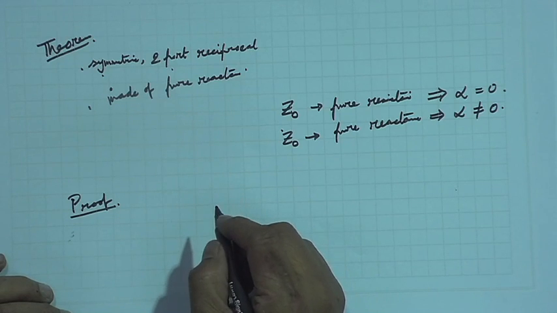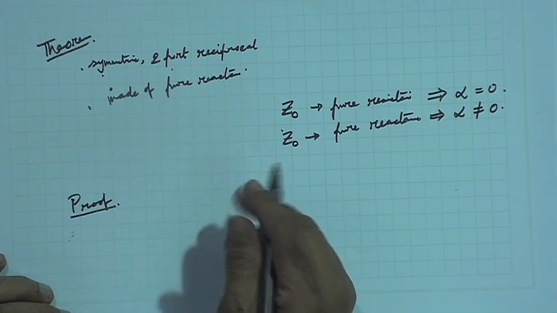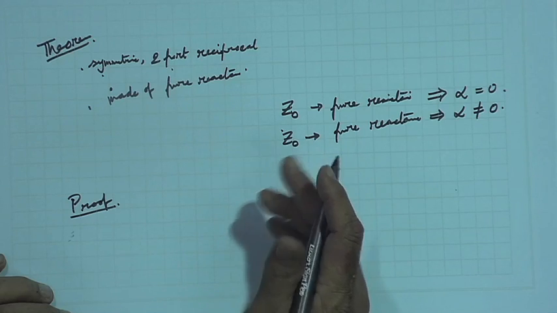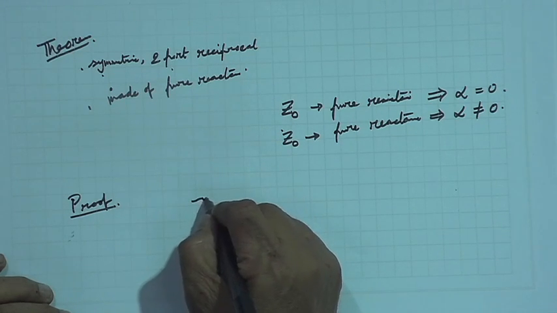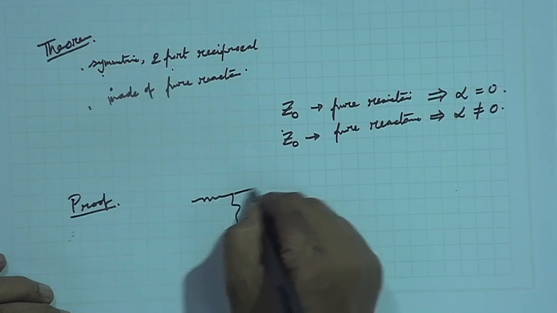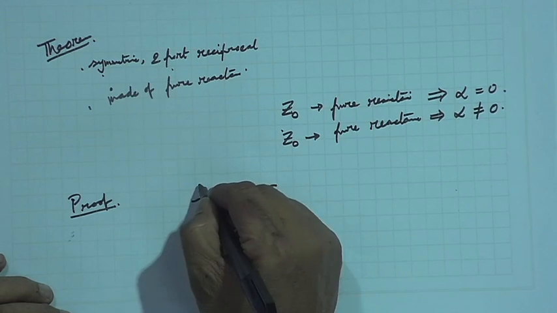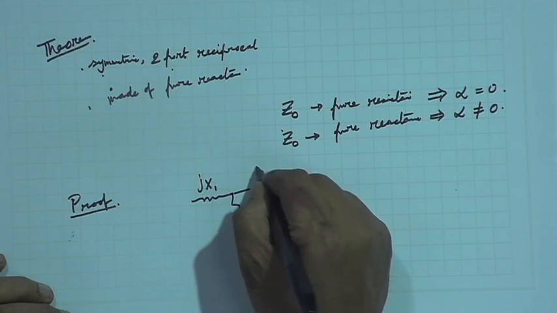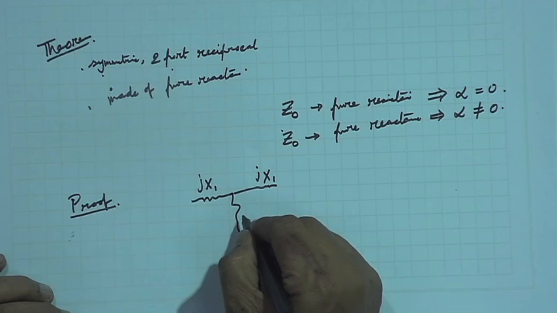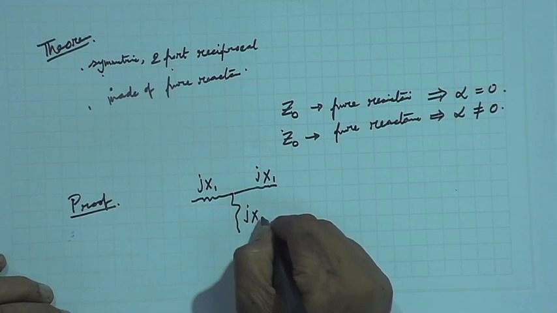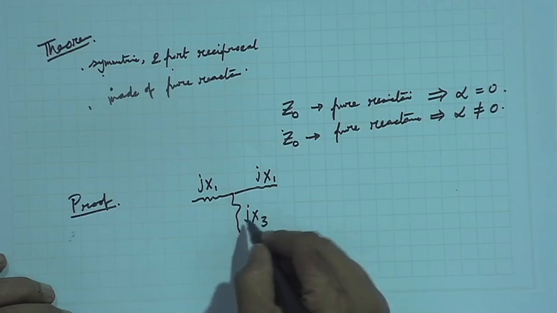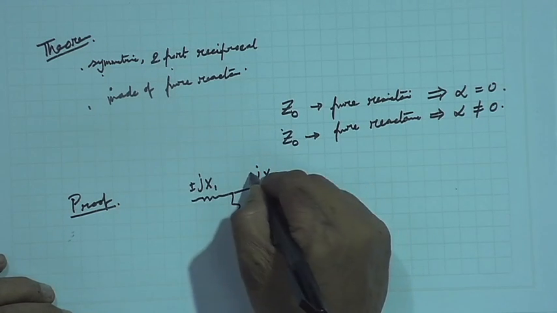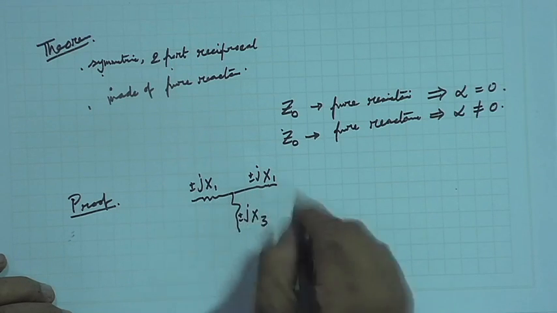Since the network is made of pure reactances, can I say that these are all, instead of Z, they are jx1, it is a symmetric network, jx1 and, let us say, jx3, instead of Z1, Z2, Z3. Now, this may be plus or minus, whatever.